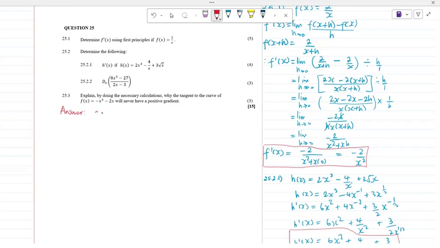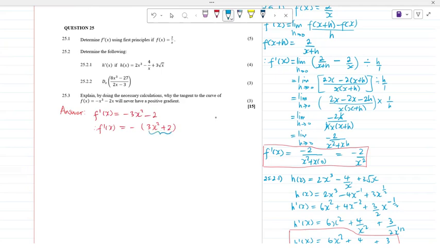So f prime of x gives us negative 3x squared minus 2. Therefore, I can factorize: f prime of x is equal to negative, and if I take out the negative, I'm left with 3x squared plus 2. Now this function inside the bracket is a quadratic function.